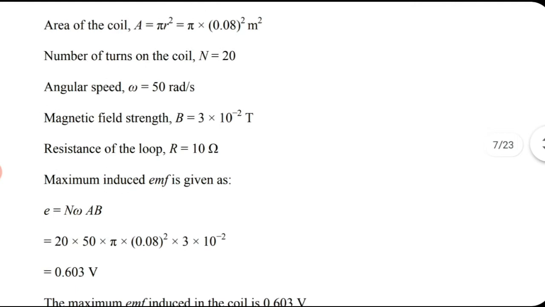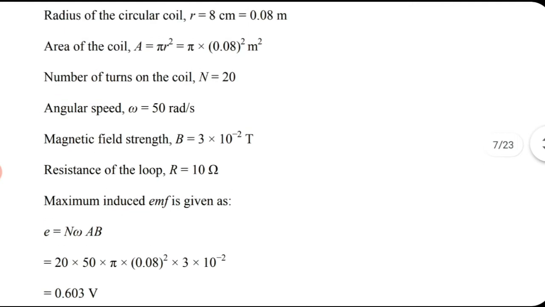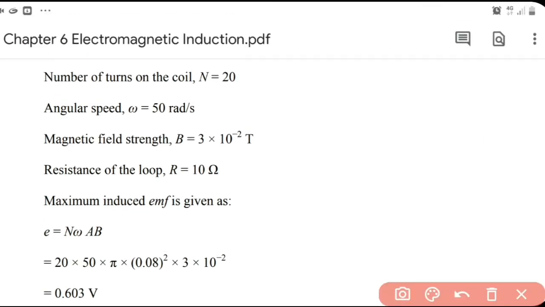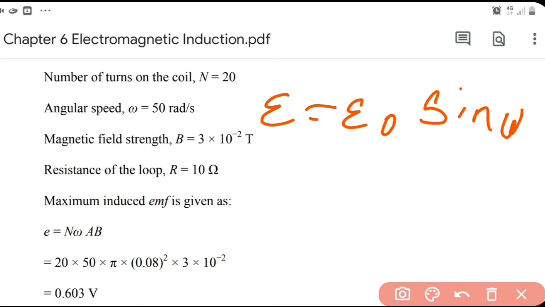Now average EMF is asked. We know the expression for induced EMF: epsilon is equal to epsilon naught sine omega t. The sine function has an average value over a cycle which is 0. You know the minimum value of the sine function is -1 and the maximum value is +1.